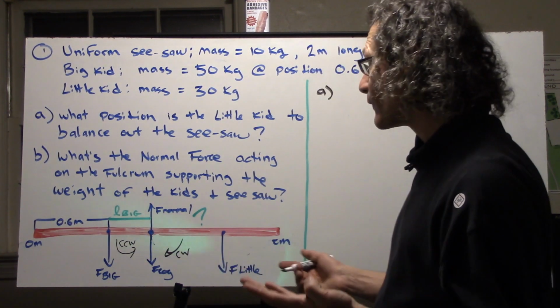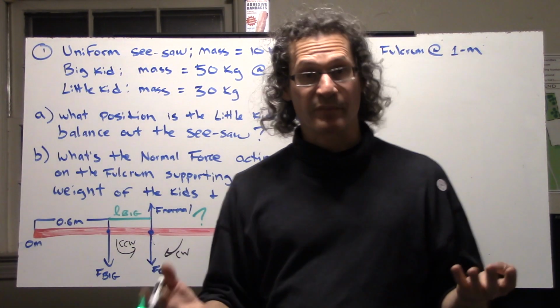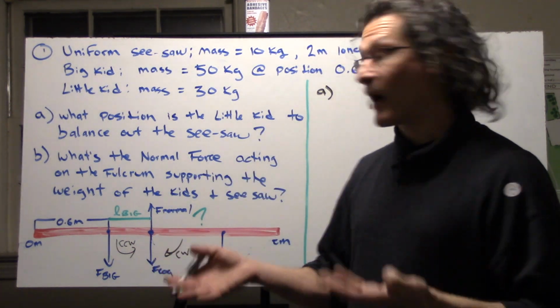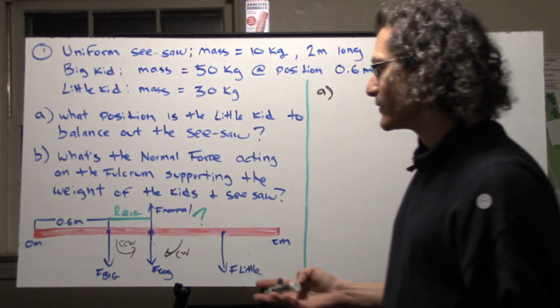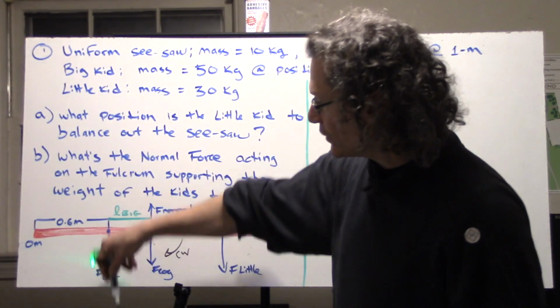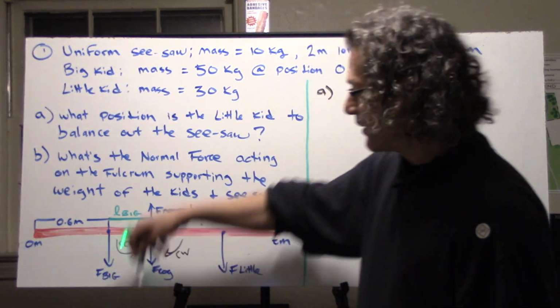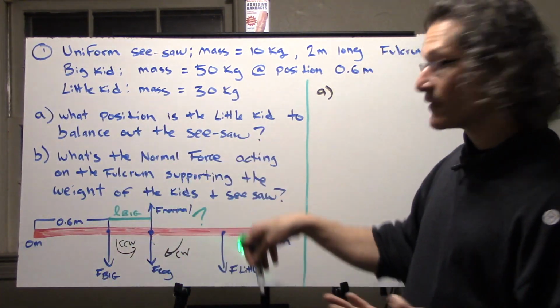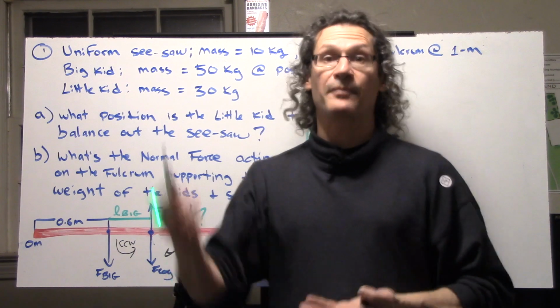The other thing we would like to determine is the normal force acting on the fulcrum, supporting the weight of the kids and the seesaw. In other words, we've got weight pushing down from the big kid, the center of gravity of the seesaw pushing down, and the little kid pushing down. Something's got to push up to balance it out.